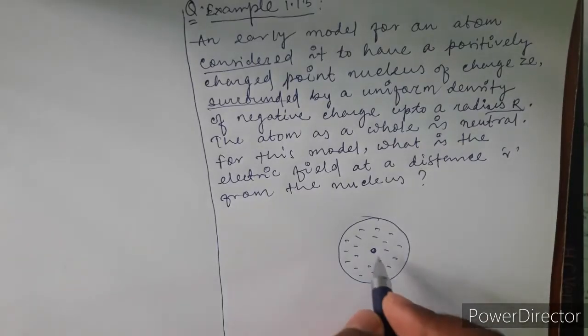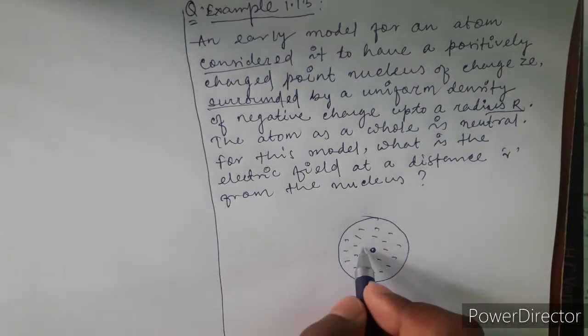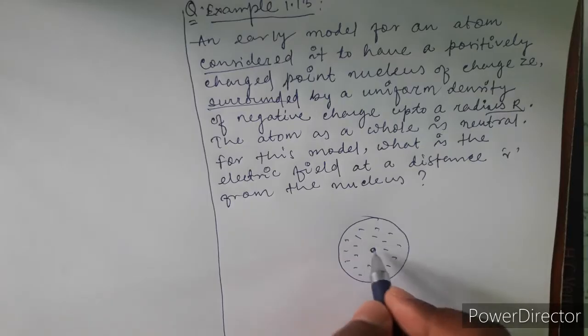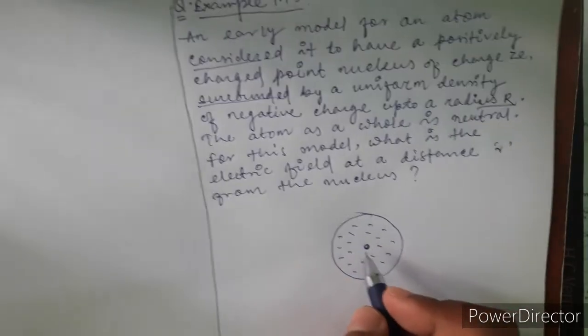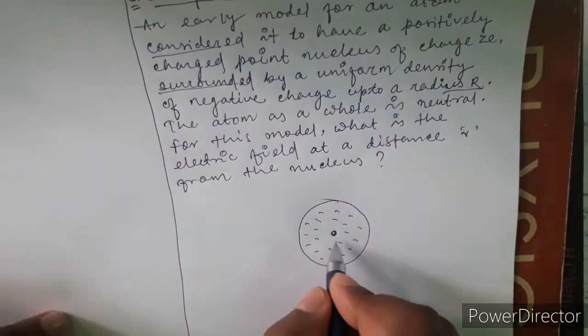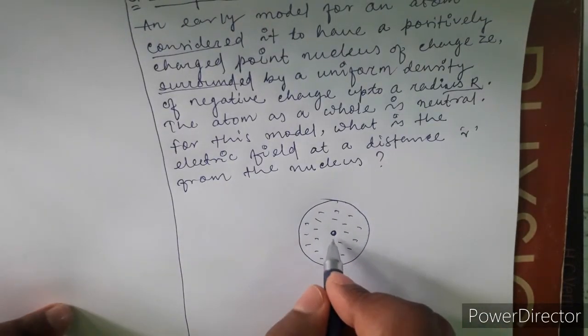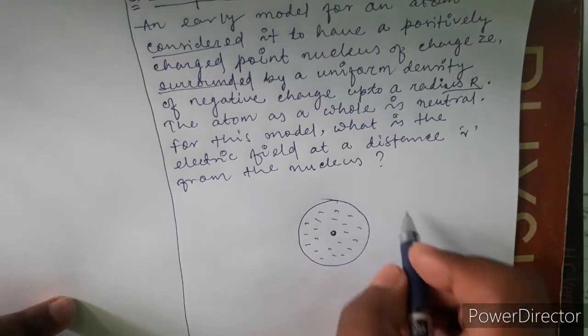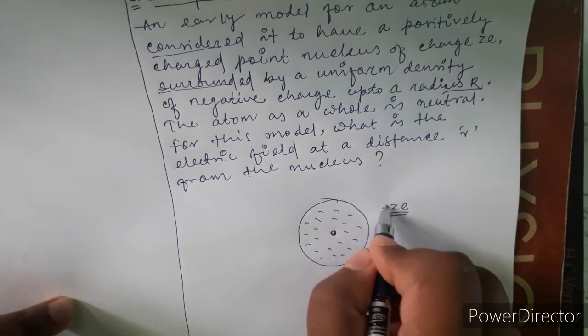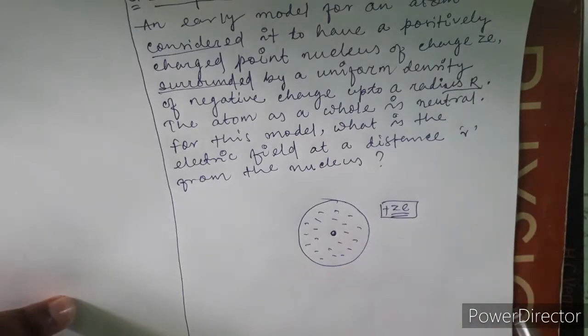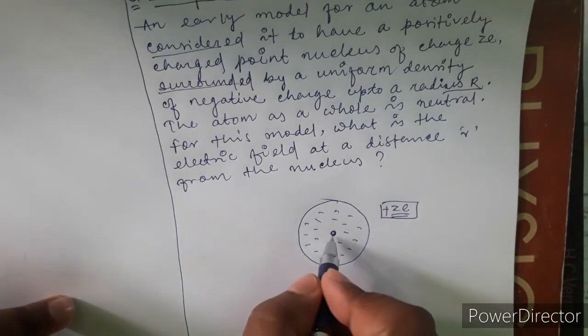So how will you calculate the electric field? As the question suggests, the nucleus is at the center. As you know, Z is the atomic number, so +Ze will be the amount of positive charge in the nucleus.